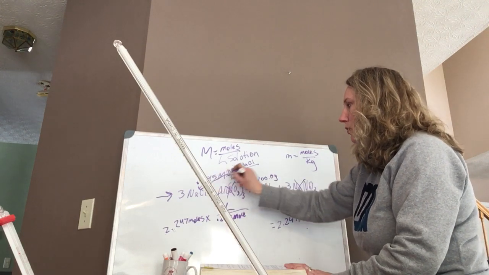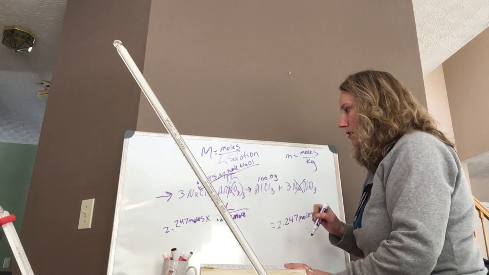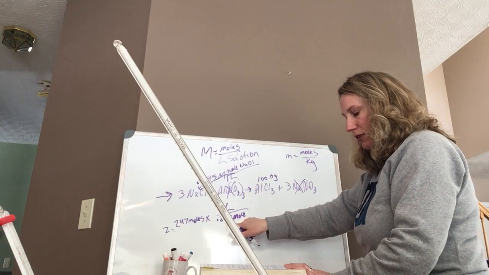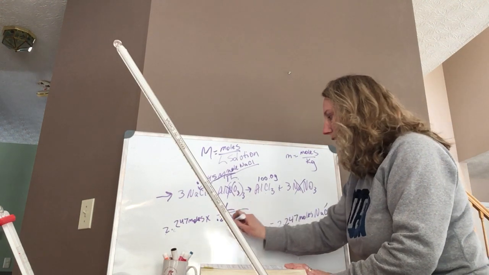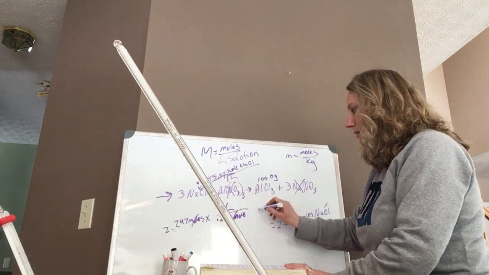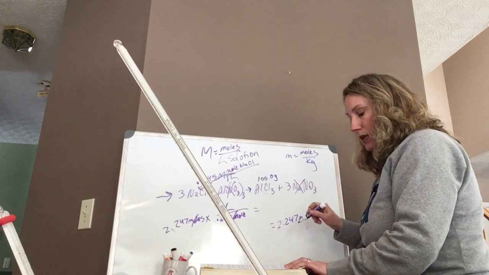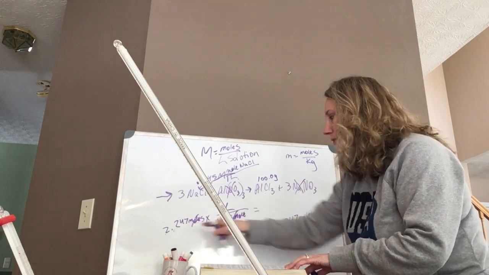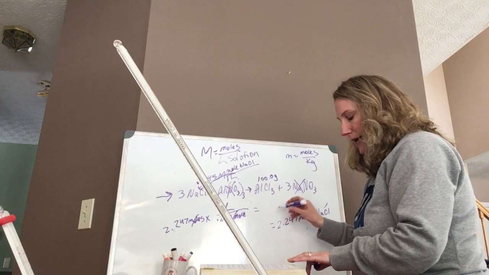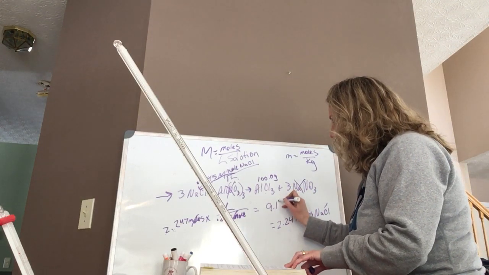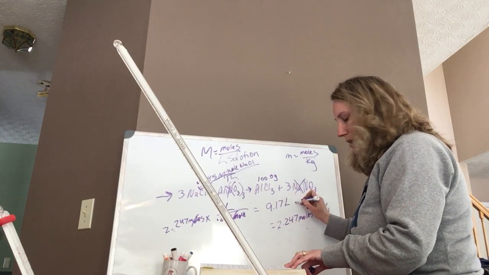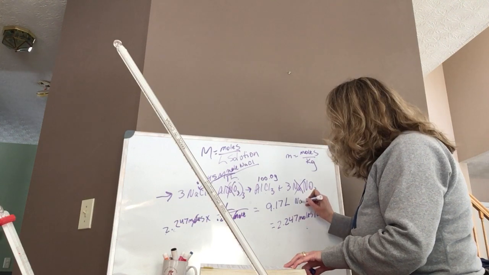This goes with the moles and this is over 1 liter. So I put the 0.245 on the bottom so that I'm left with, that cancels out, and I'm left with liters. So 2.247 divided by 0.245 gets me 9.17 liters of NaCl.